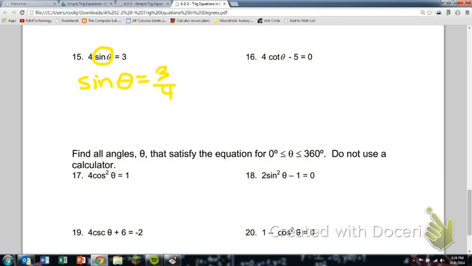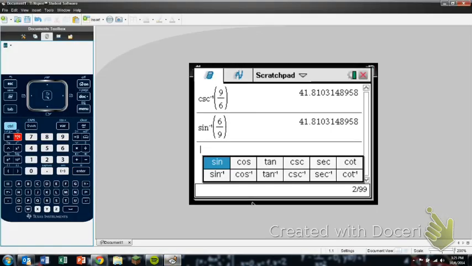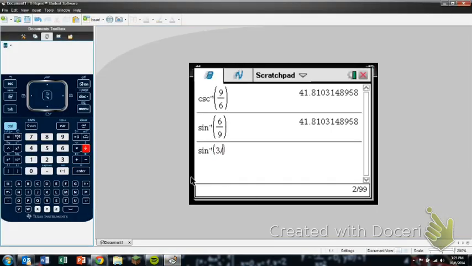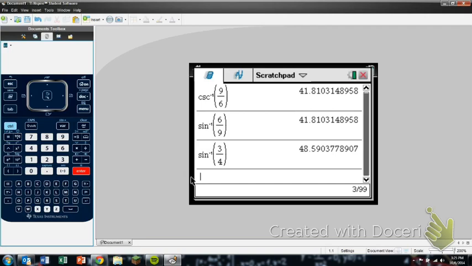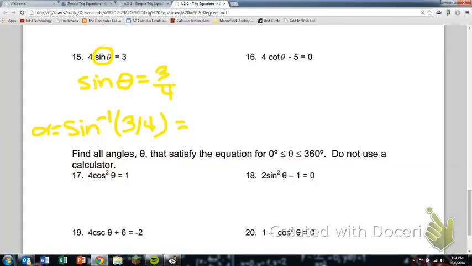Then use the inverse function to find the reference angle. So if I do the inverse function here, inverse sine of 3/4, I get 49 degrees. That's the reference angle.